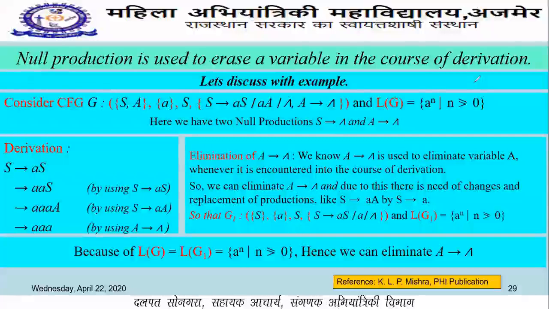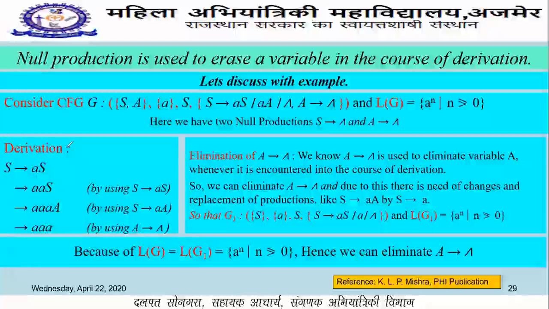Here we discuss more about null production and causes of null production in a context-free grammar. Note that in any context-free grammar, null productions are only used for erasing a particular variable in the course of derivation.